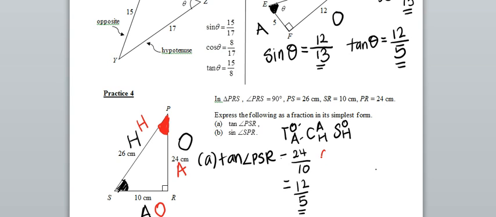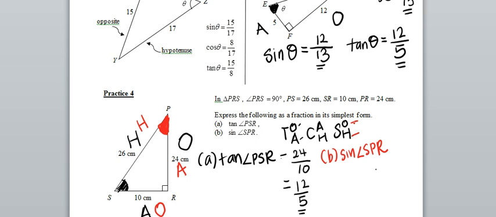In order to find part B, sine of angle SPR, sine is given by the ratio. In TOA, CAH, and SOH, sine is given by taking the opposite over the hypotenuse.